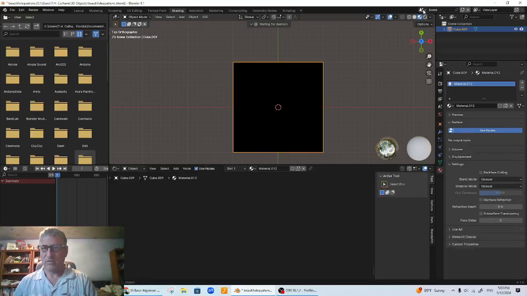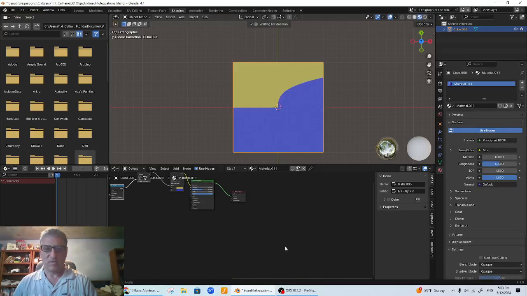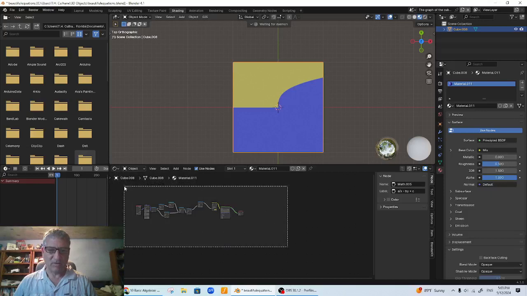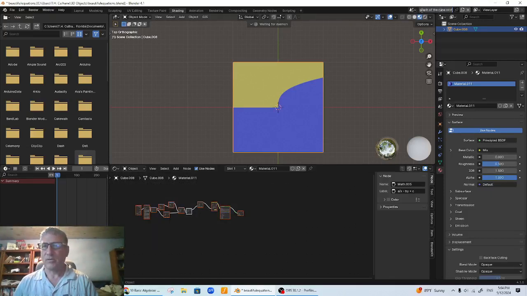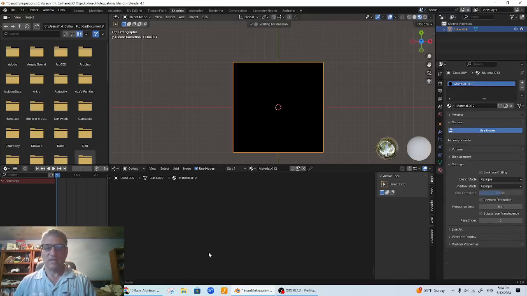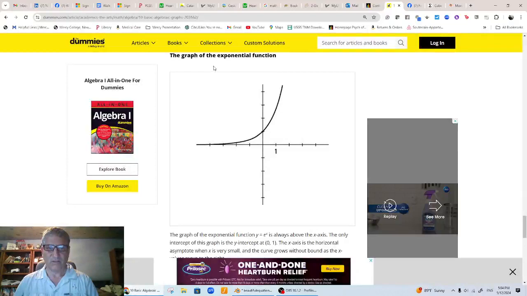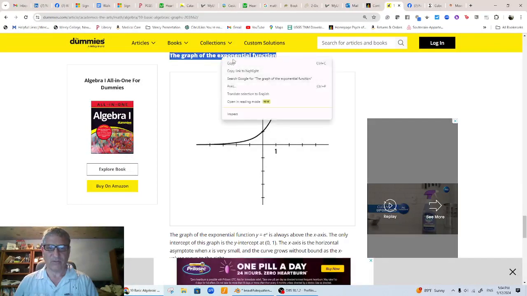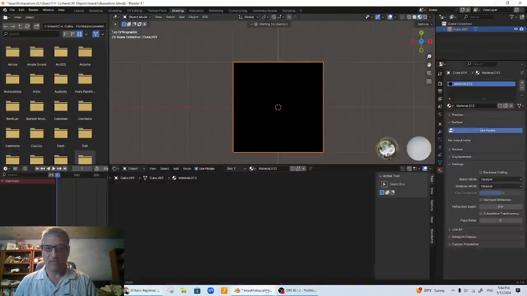Go back to our previous scene. Graph of the cube root. Take everything we got there. Copy it. Go to our new scene, which is going to be, what did we say it's going to be? The graph of the exponential function.